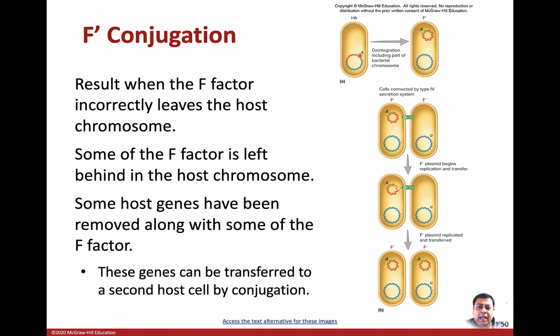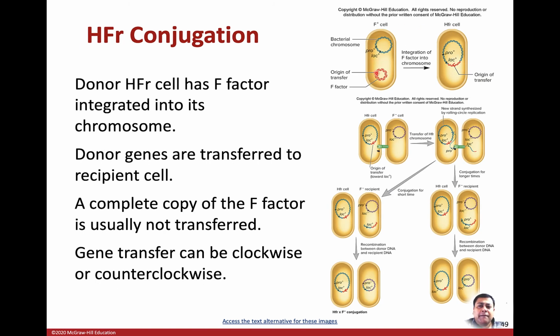So here you have the F factor, which is only the red portion. Remember that the F factor can integrate, and it can come out from there as well. So it is both way traffic. It can be either separate or it can be integrated.